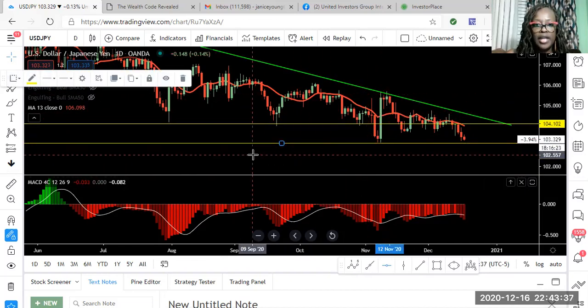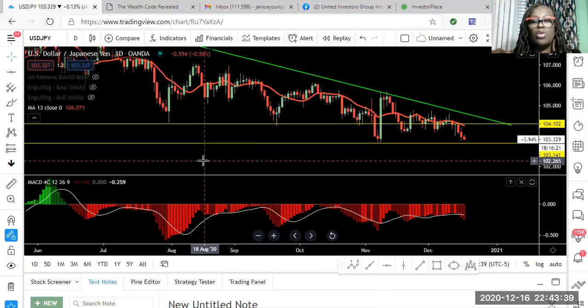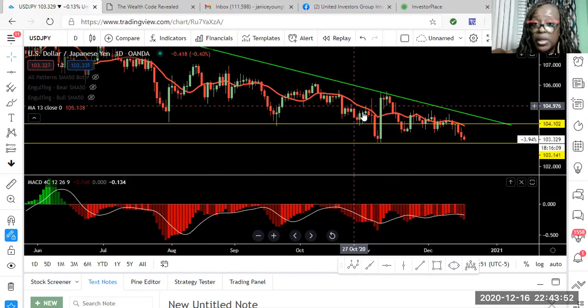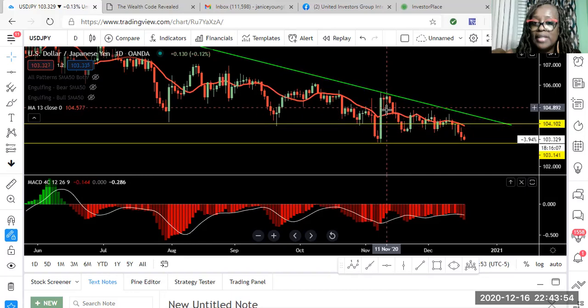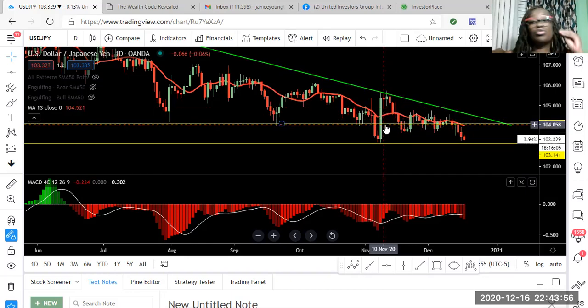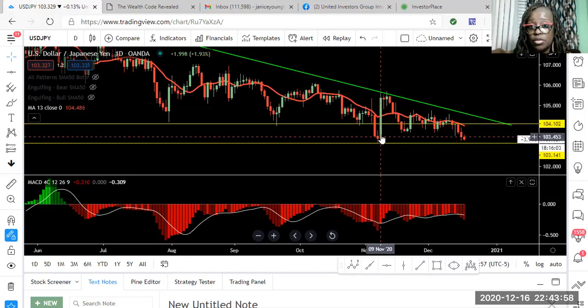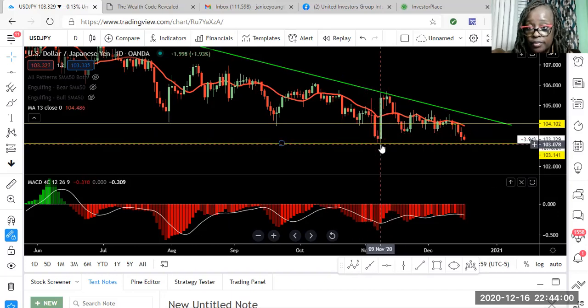See, here's the other thing, and this is part of developing your eye. That's why you got to study things, so you know how to identify certain things, right? So the engulfing candle, here's a strong bullish engulfing candle. What that tells me is there are strong buyers at this area, right?